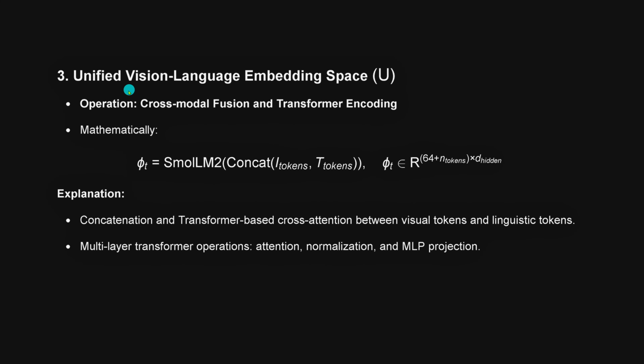If we unify this, you remember my video, now we have a cross-modal fusion and a transformer encoding. So mathematically, just a concatenation in our small language model. This means we have a concatenation and transformer-based cross-attention. Careful, now not a self-attention, but a cross-attention, because we unite here vision and language together, and a multi-layer transformer operation with attention, normalization and MLP projection, the classical one that you know.